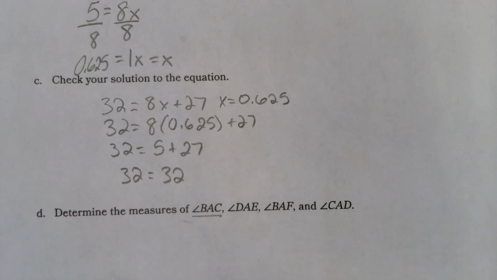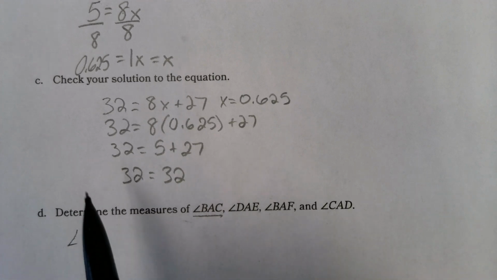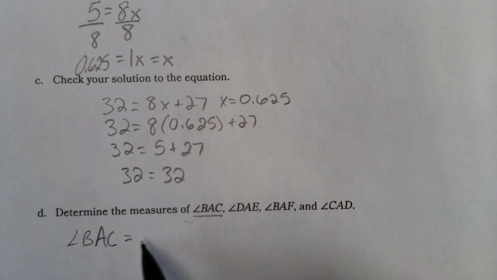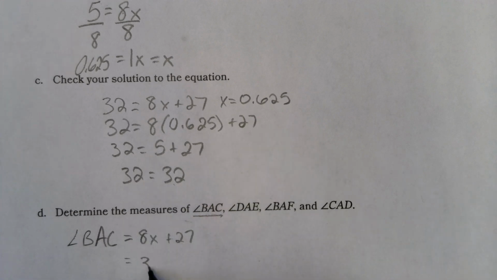Well, now we know what the measure of BAC is, because it is equivalent to EAF, because it is a vertical angle. But we also know that it's 8x plus 27, and we just did that to figure out that we have a measurement of 32 degrees.